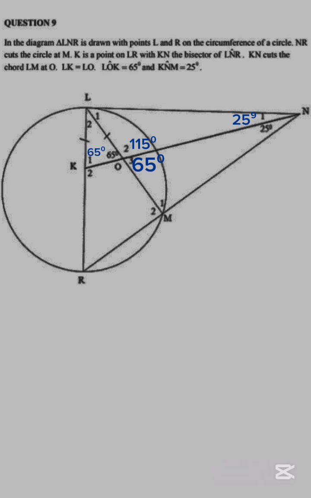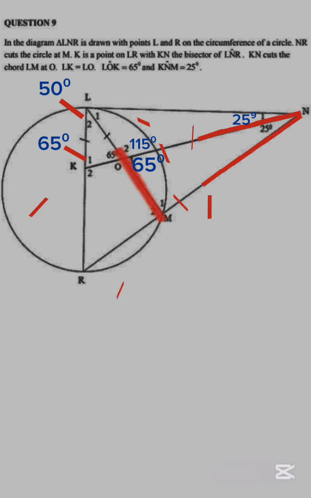There's no space in this triangle, so let me put it here and show that angle K1 is equal to 65 degrees. 65 plus 65 is 130. So angle L2 is equal to 50 degrees. The reason is sum of angles in a triangle. L2 is equal to 50 degrees.